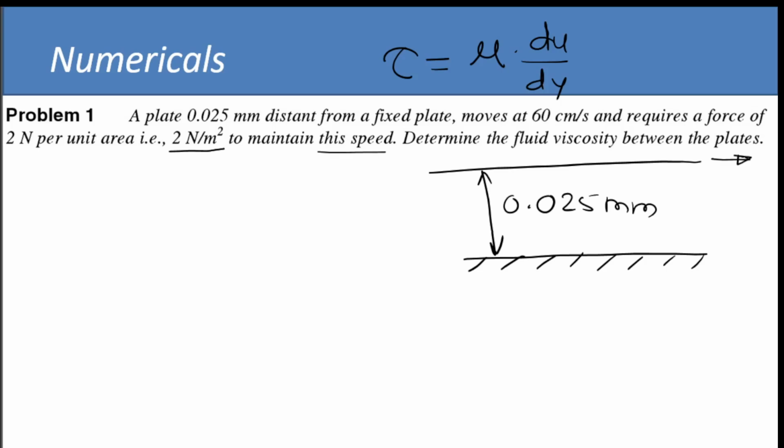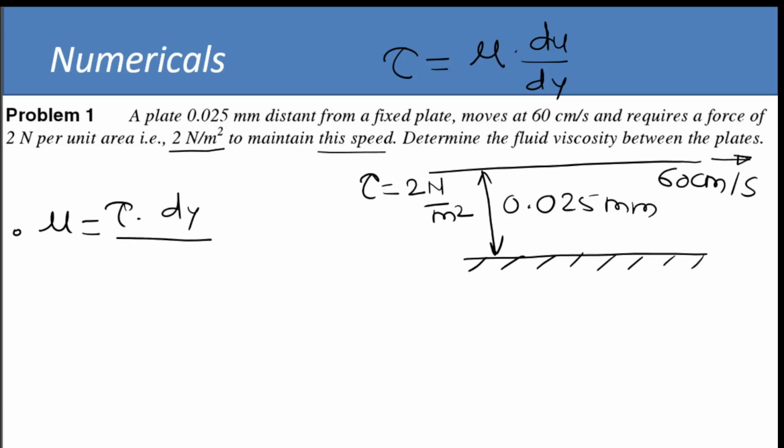The upper plate is moving with a velocity of 60 centimeter per second and the force applied, or we can say stress applied, is tau equal to 2 Newton per meter square. Now, first we want to find out mu. So, mu is equal to tau into dy divided by du.